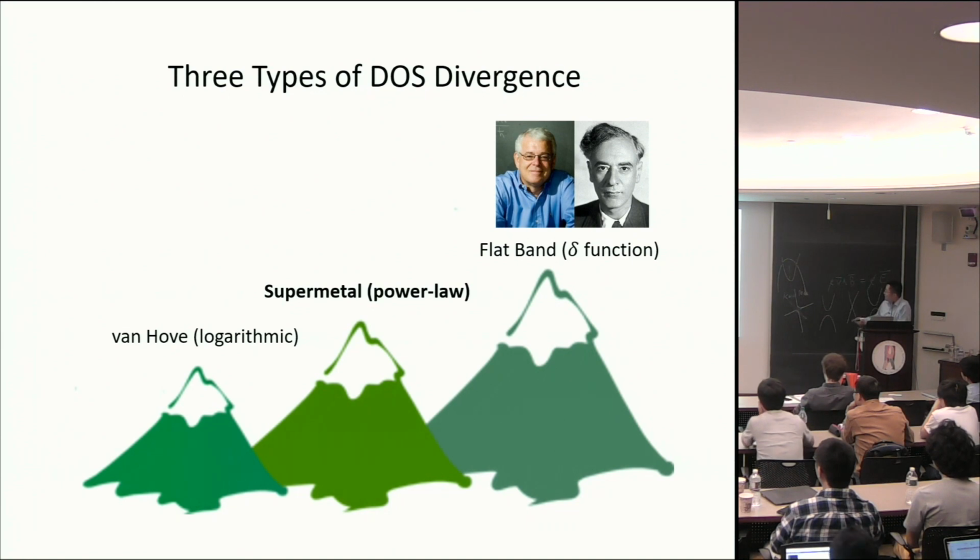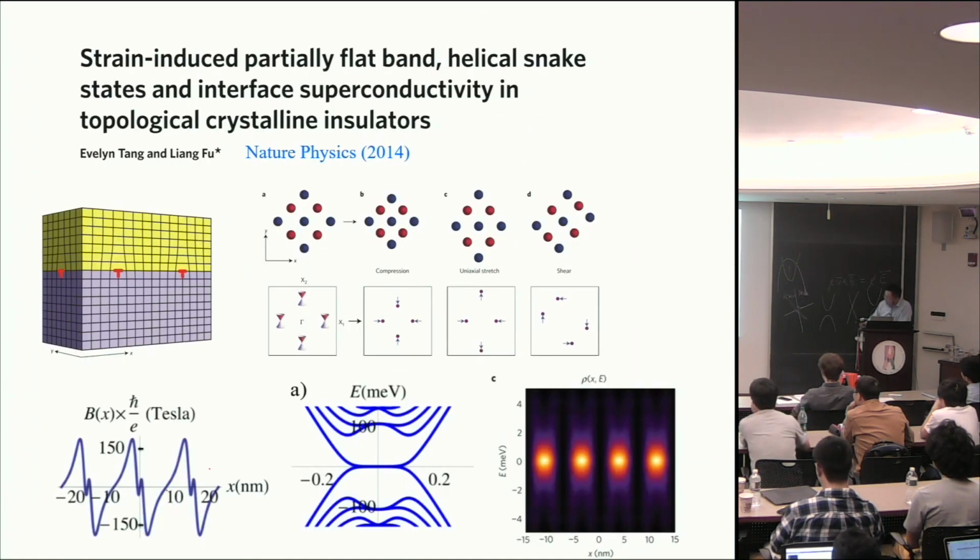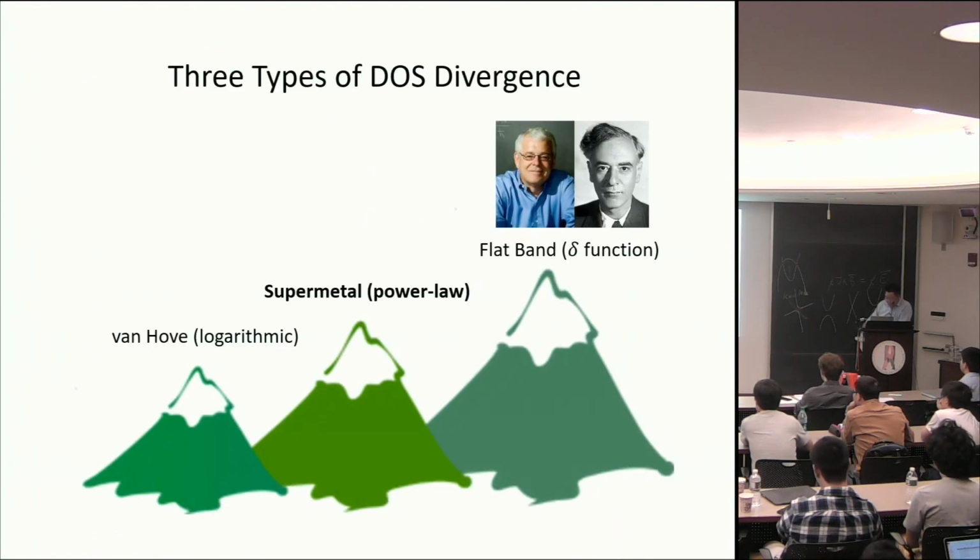But the approach I'm taking, coming from my background in this problem, is that the bands may not necessarily be completely flat, but maybe the bands are flat only in part of the momentum space. So we get high density of states near the Fermi energy. One example of this is the van Hove singularity.